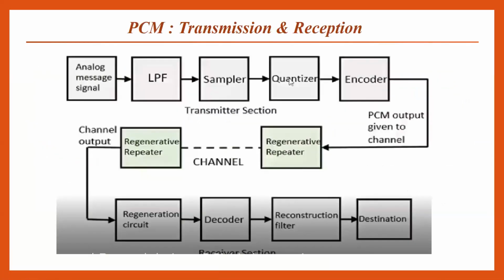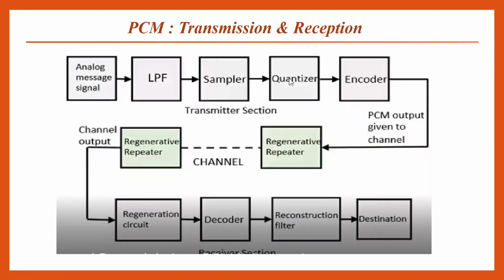And after this, a regenerative repeater. Regenerative repeaters are used when we have to transmit our signal through long distances. The digital signal has a high probability of distortion. The bits generated are distorted, so we have to use a regenerative repeater. What will it do?